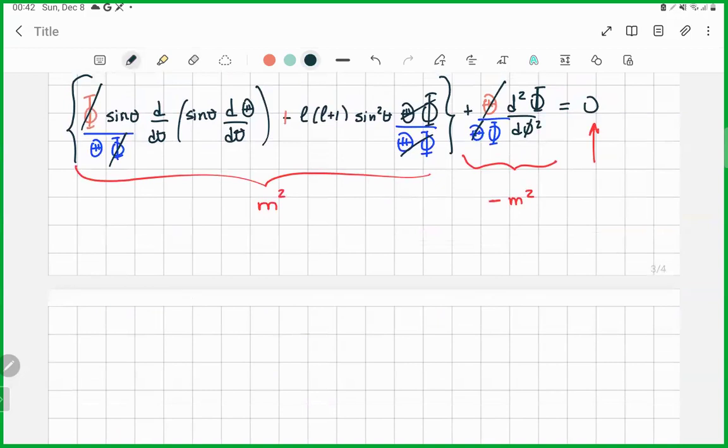So this equation becomes, look, there is this function of phi here, but I'm going to multiply the whole thing by that function.